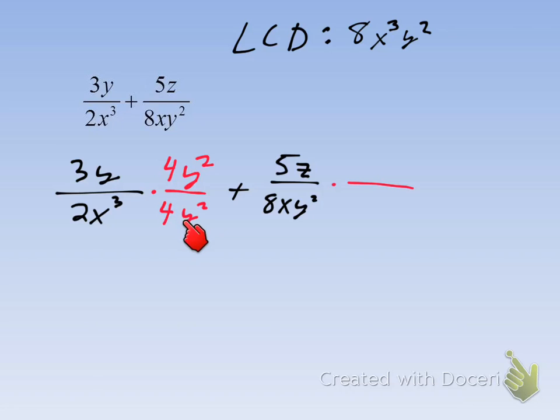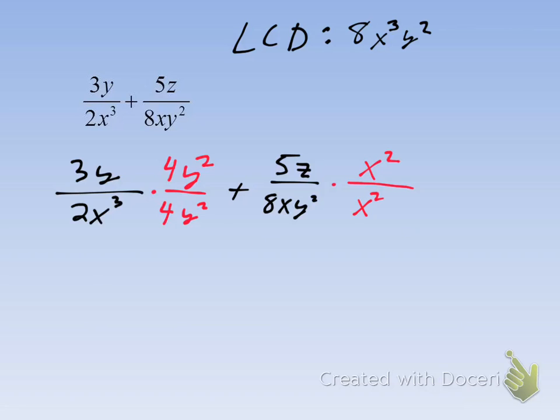We're going to do that to the right-hand fraction as well. We're going to make this denominator look like the LCD, so 8xy squared to 8x cubed y squared. The only thing we're missing is an x squared, so we'll put that there and there. After you do that, you multiply the numerators and the denominators together.